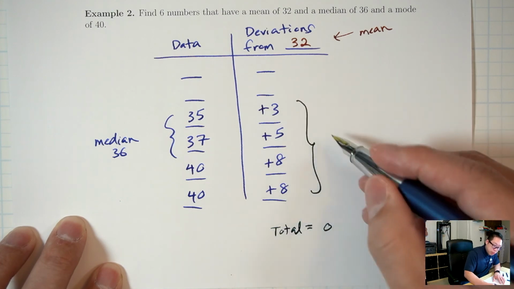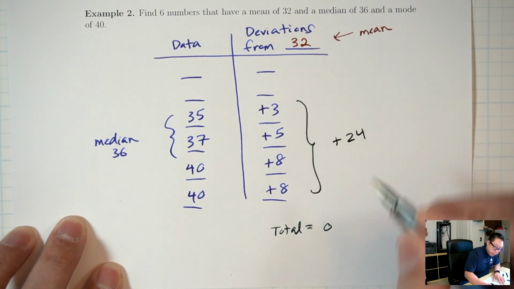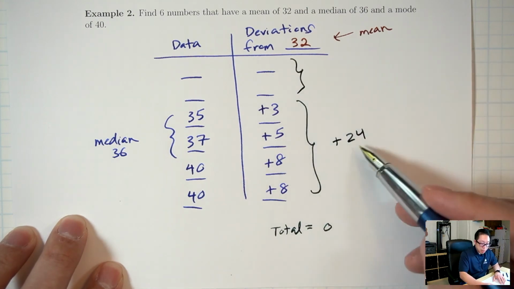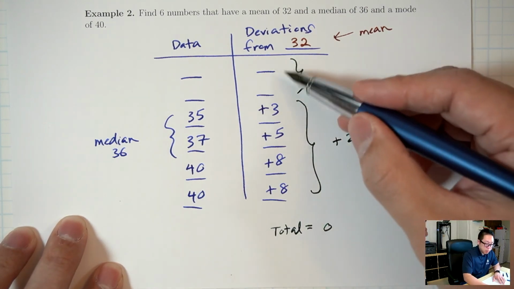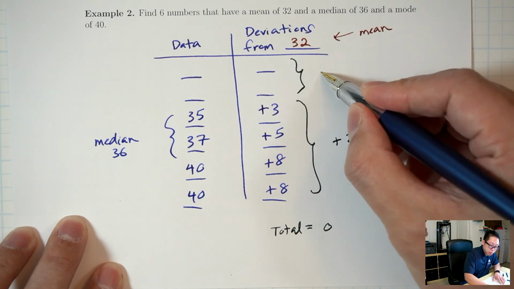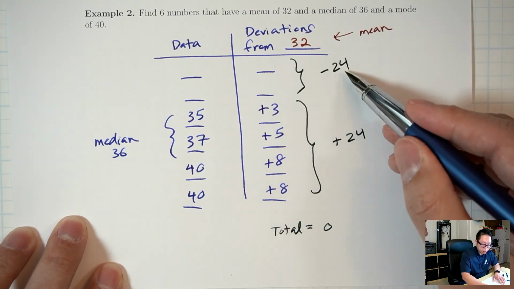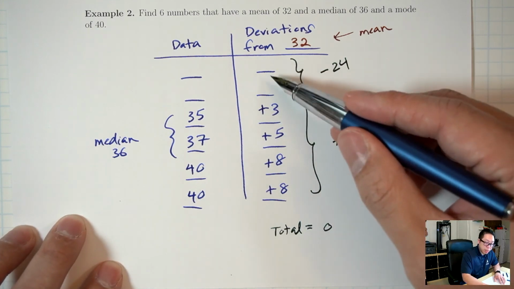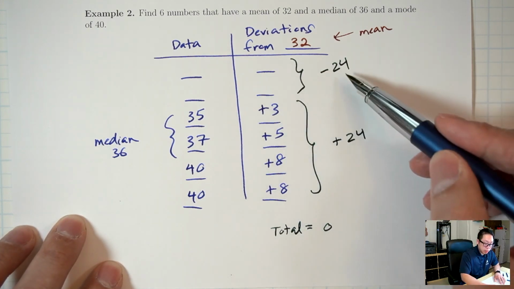So far, these are plus 24, which means these two up here, to balance it out and get a total of 0, need to add up together to be negative 24, to balance out this plus 24. And now you need to pick two numbers that will add up to be negative 24.